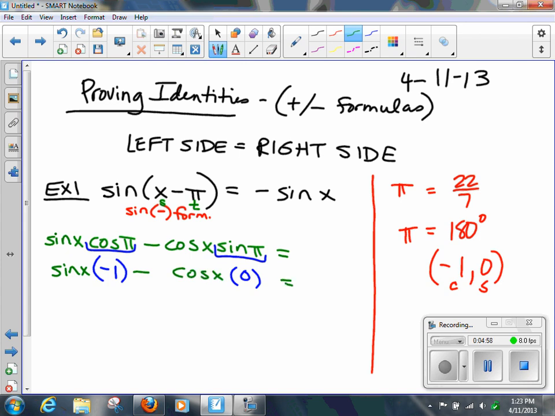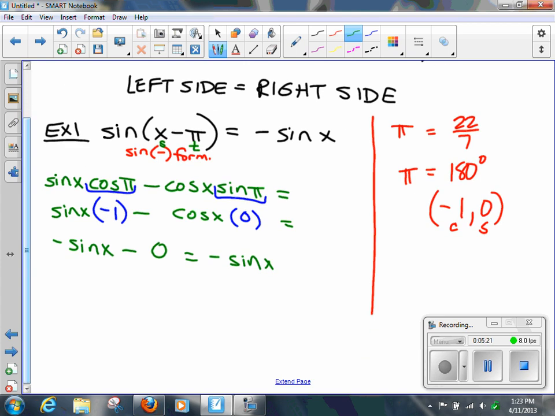All I'm doing is substituting because I know the value of cosine of pi and the value of sine of pi. What's sine of x times negative 1? Negative sine x, minus, what's cosine times 0? It's 0. And I'm going to bring this down, minus sine x. Hey, what's negative sine x minus 0? Negative sine x. Hello.